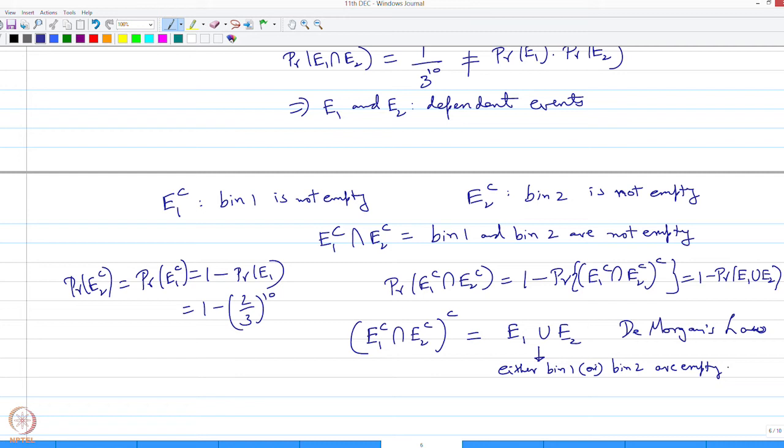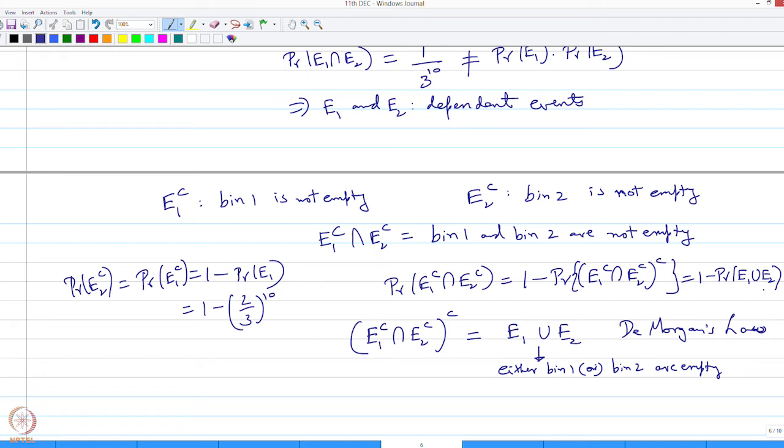E1 is bin 1 is empty, E2 is bin 2 empty. If you say E1 union E2, it is either bin 1 or bin 2 must be empty. What is E1 complement intersect E2 complement? Bin 1 and bin 2 are not empty. So, these two clearly are complements of each other, right. So, this is the essence of the way De Morgan's law works. So, instead of finding probability of E1 complement intersect E2 complement, I will simply find probability of E1 union E2 and then do a subtraction.